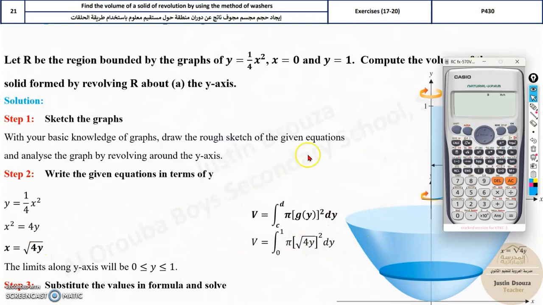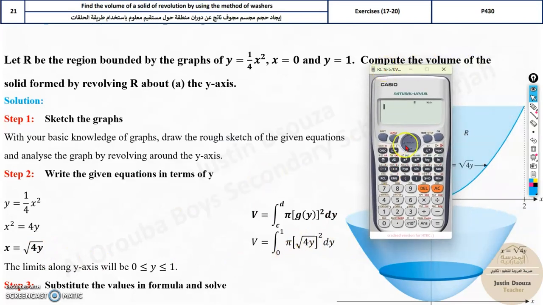Use the calculator. Let's see. It is the integral of pi, shift pi, 4 alpha. I have not put the brackets. Let me write it: 4 alpha x, the whole square, dy, from 0 to 1. Now you're getting this answer.